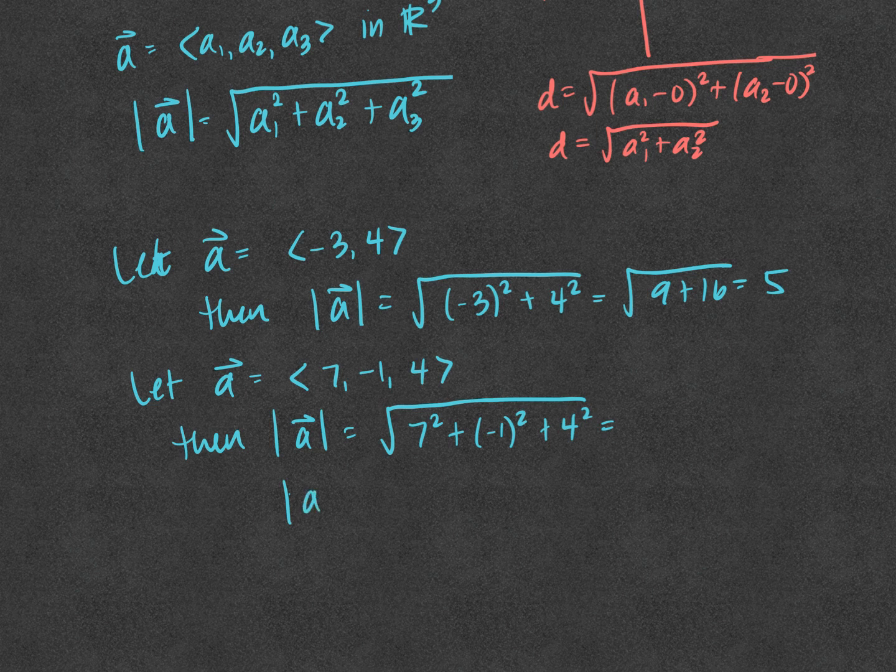So the length of A is 49 plus 1 plus 16. So it's the square root of 66. 50 plus 16 is 66. And that's 6 times 11, which doesn't break down, so it can't be simplified any further. And that's how you find the length of A.